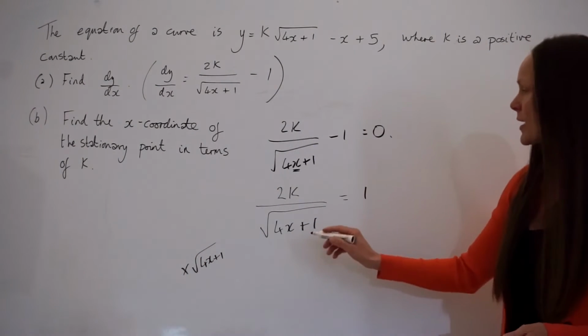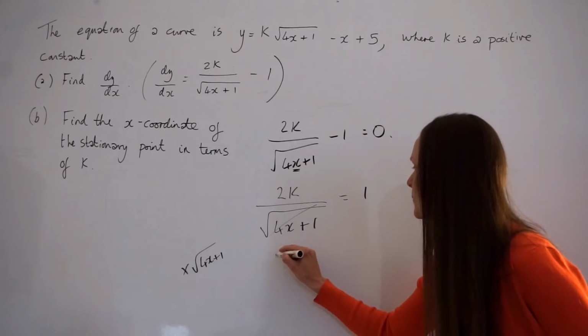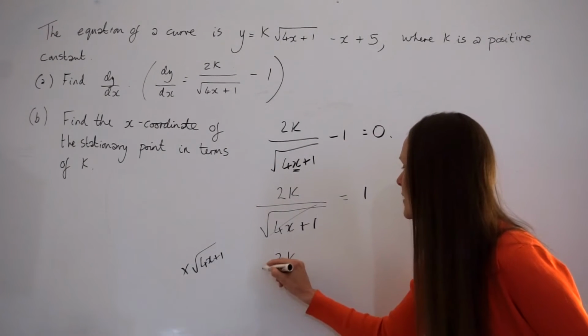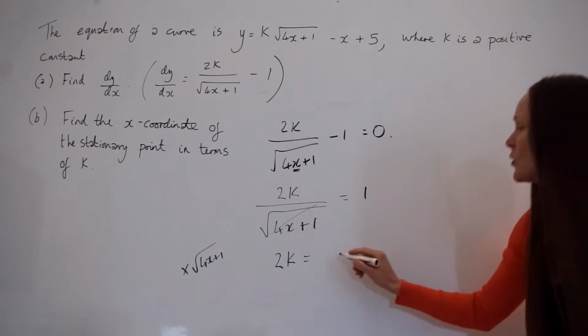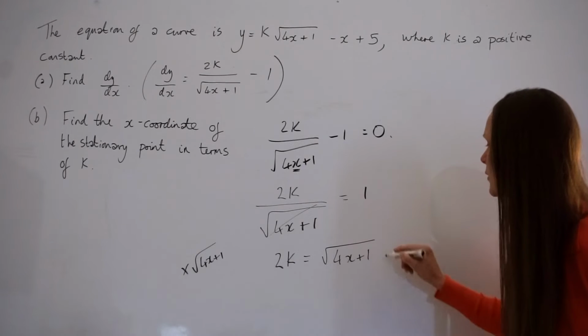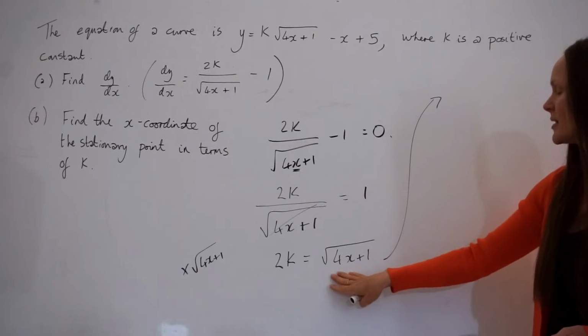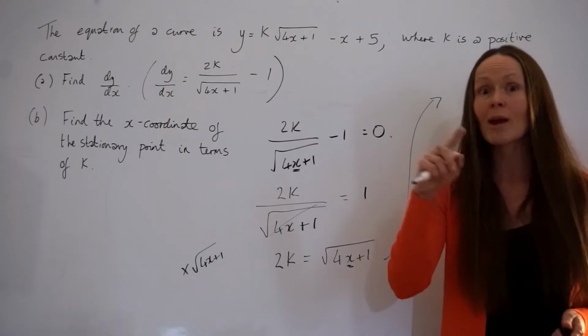If I do that on the left-hand side of the equation, this just cancels and I'm left with 2k. And if I multiply the right-hand side of the equation by this denominator, I'm left with root 4x plus 1. Remember, we're trying to get x by itself, we're nearly there. So the next step is to get rid of this square root symbol.